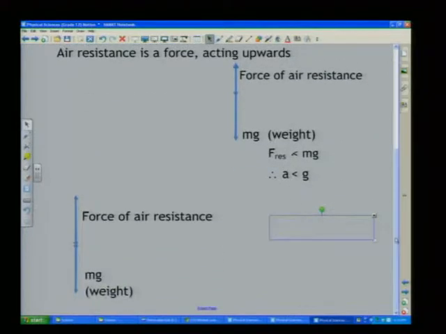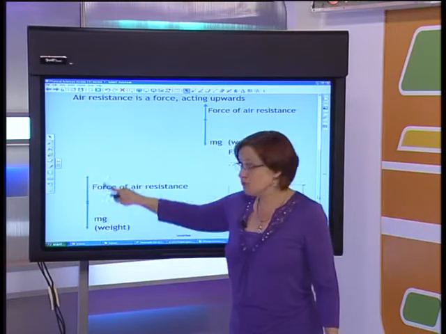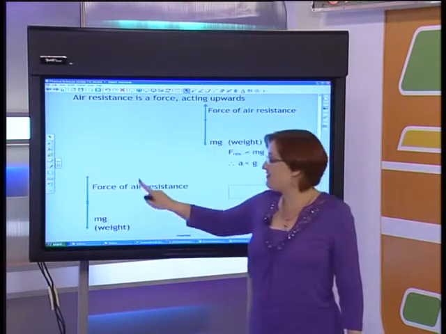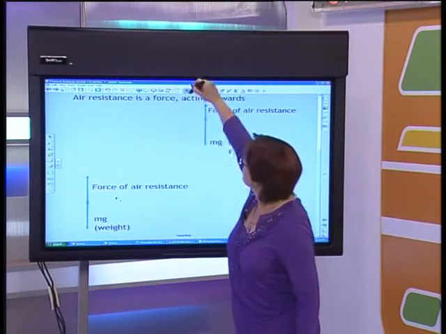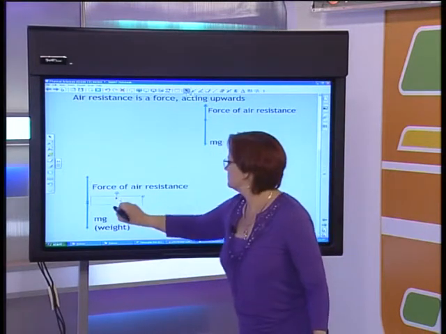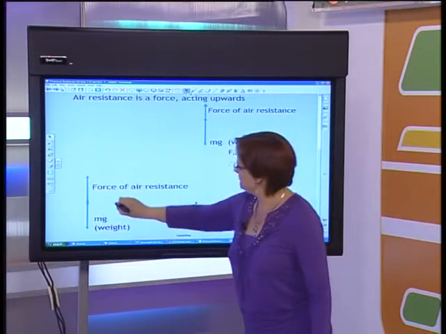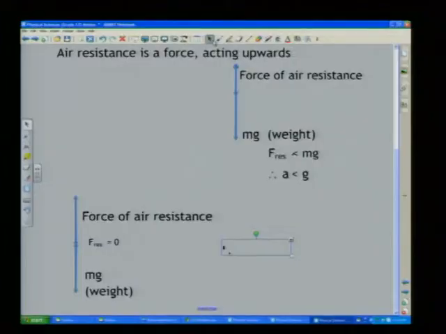But then there comes a time where the two forces are equal. That does happen. Your resultant force is now 0.